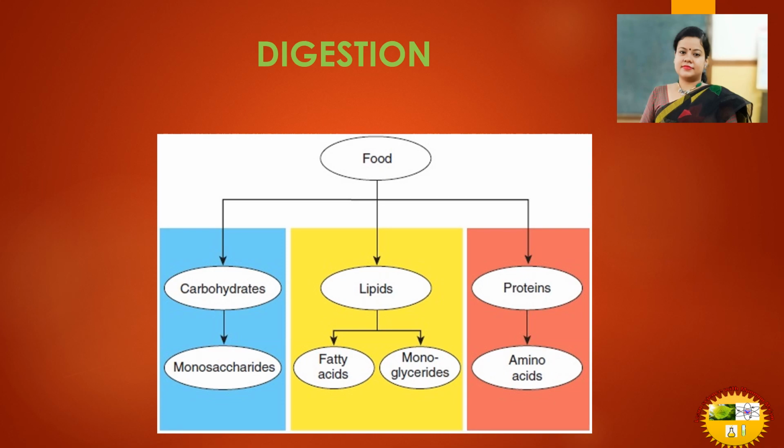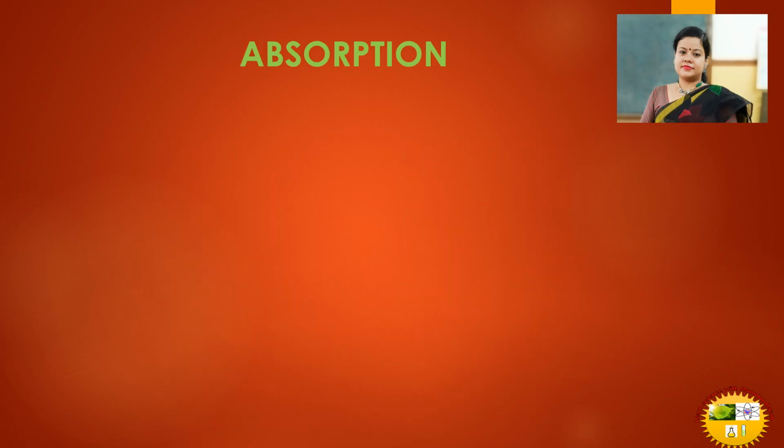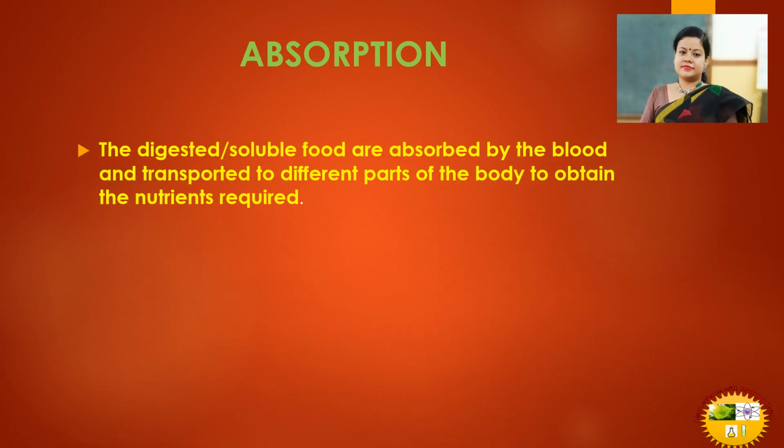So we have learned about ingestion, then we have learned about digestion. Next step is absorption. What is it? The digested or soluble food, that is already digested, is absorbed by the blood and transported to different parts of the body to obtain the nutrients required.